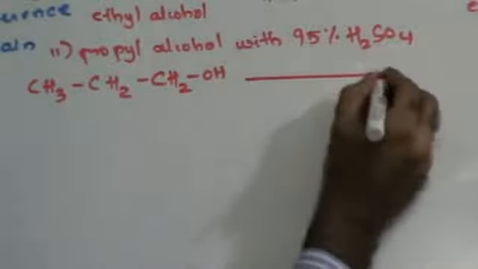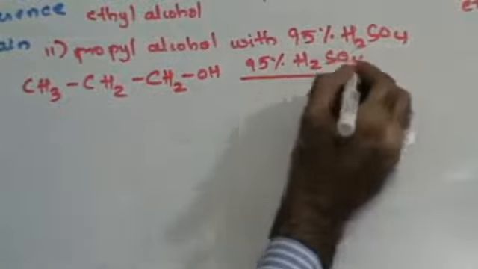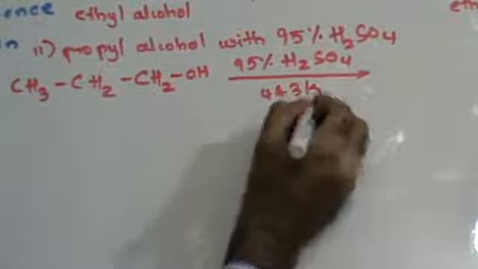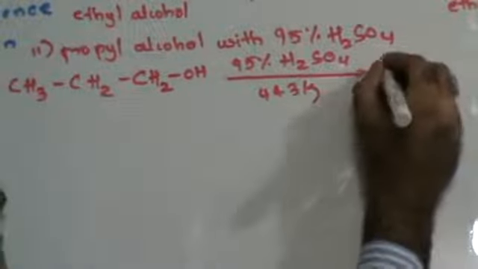Balance the reaction: 1 carbon atom, therefore 3 hydrogens; 2 bonds, therefore 2 hydrogens; 2 bonds, therefore 2 hydrogens. So propyl alcohol is treated with 95% sulfuric acid at 443 Kelvin, in which case again you would have dehydration taking place.